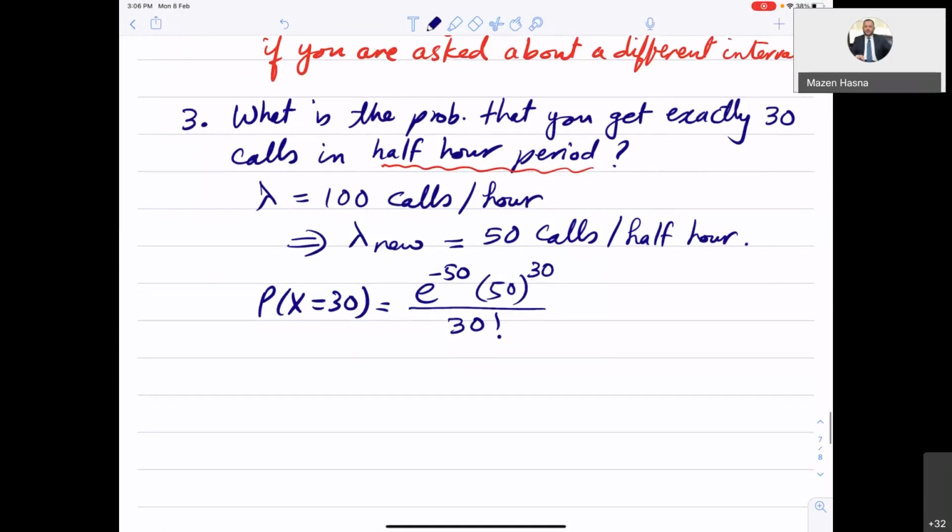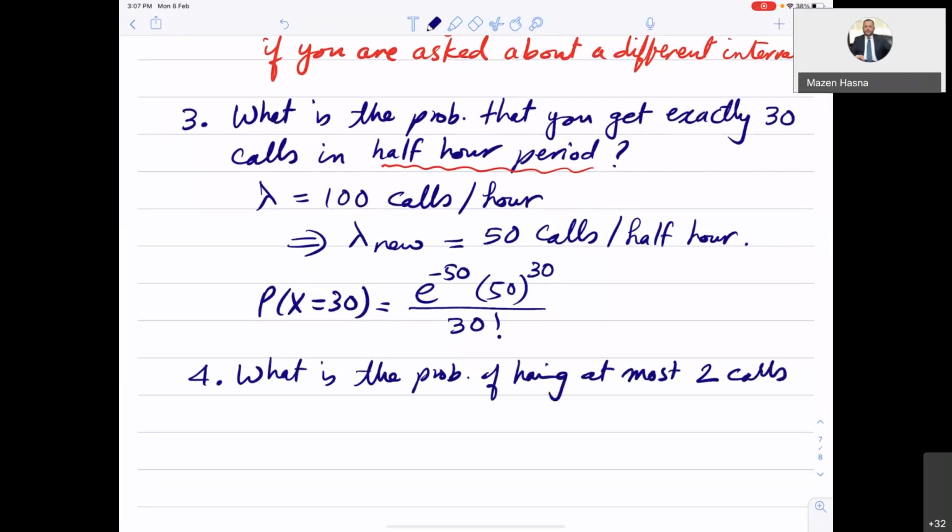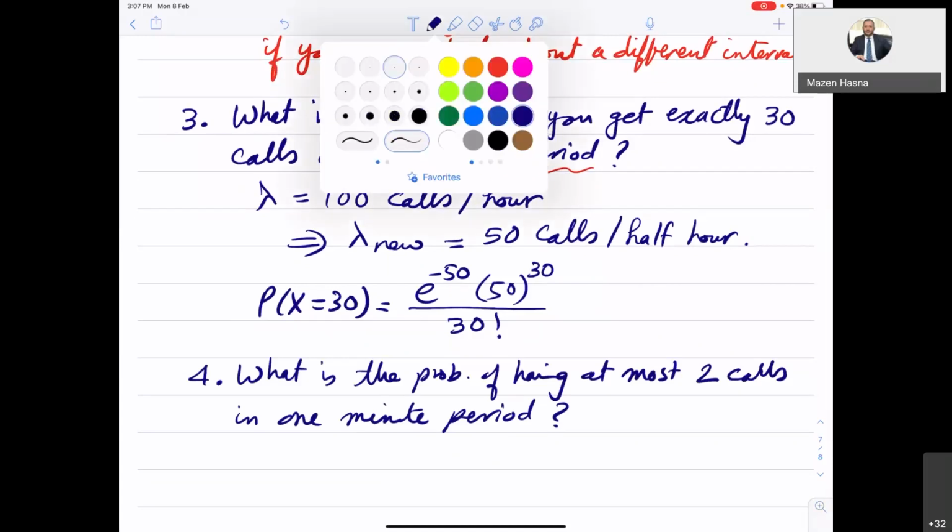Okay. How about if I ask, what is the probability of having at most 2 calls in a 1 minute period? So again, I modified the time interval.